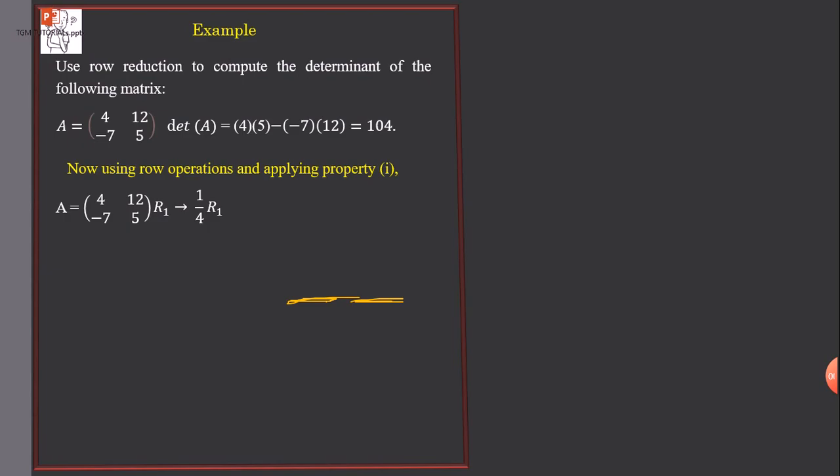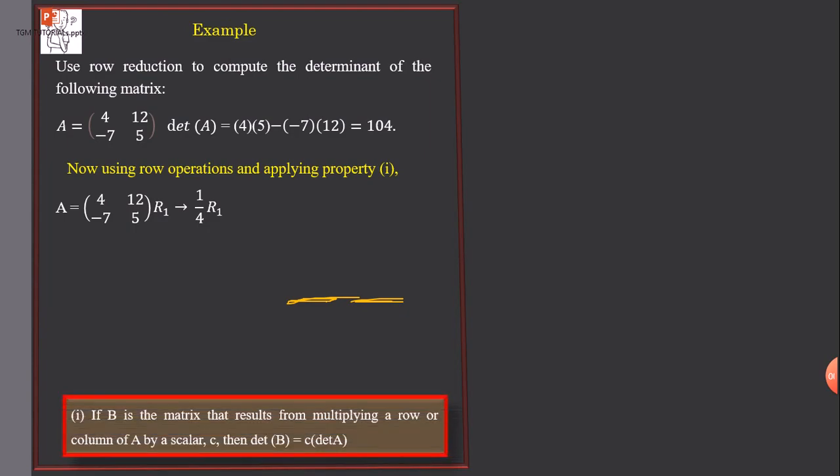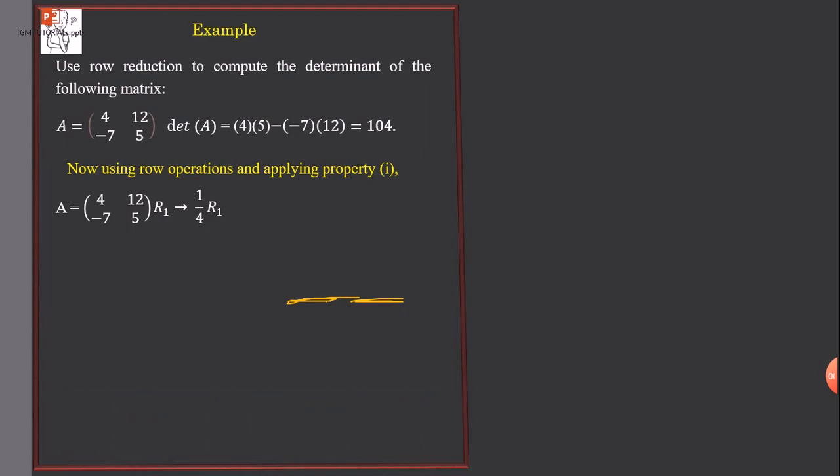After carrying out that operation, we will get a matrix 1, 3, negative 7 and 5. This is the resultant matrix after multiplying the first row by 1 over 4.